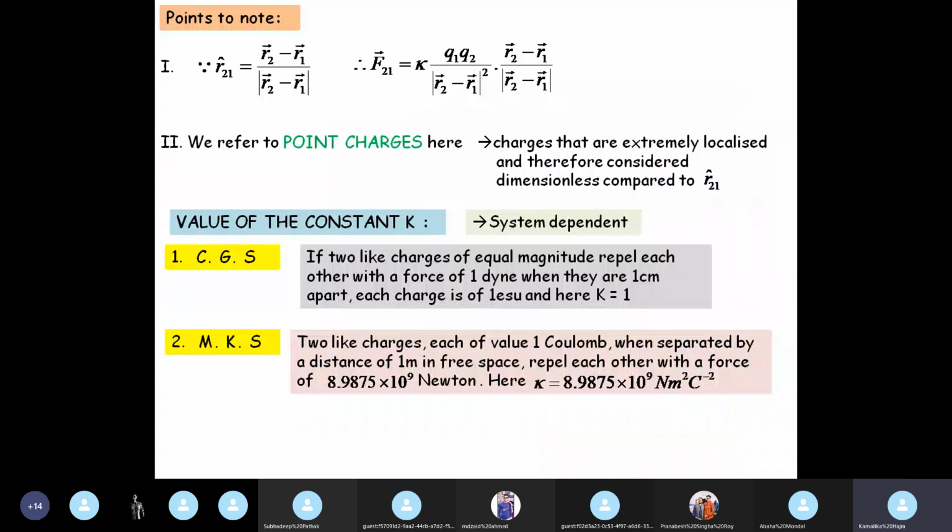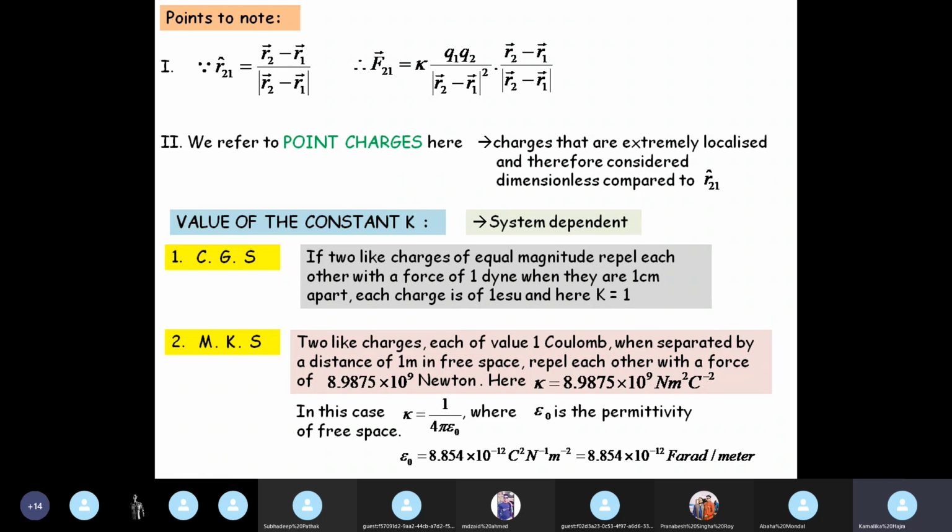So the value of kappa in the SI system is 8.9875 into 10 to the power 9 Newton meter square per Coulomb square. You have to remember the unit also. So in this case, we usually take kappa equal to 1 by 4 pi epsilon naught, where epsilon naught is the permittivity of free space, and the value of epsilon naught is 8.85 into 10 to the power minus 12 farad per meter.